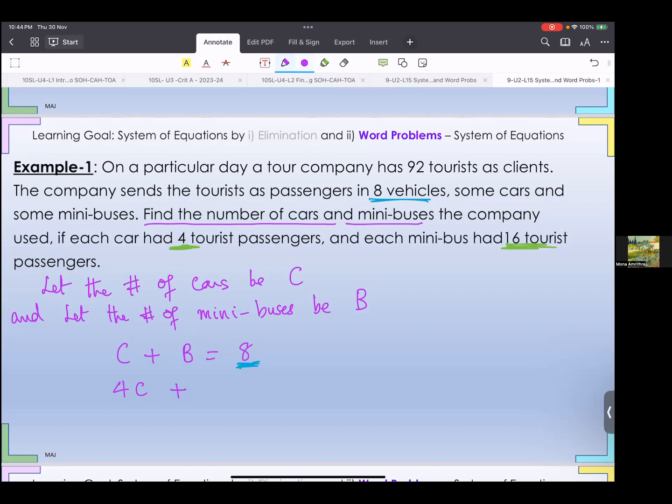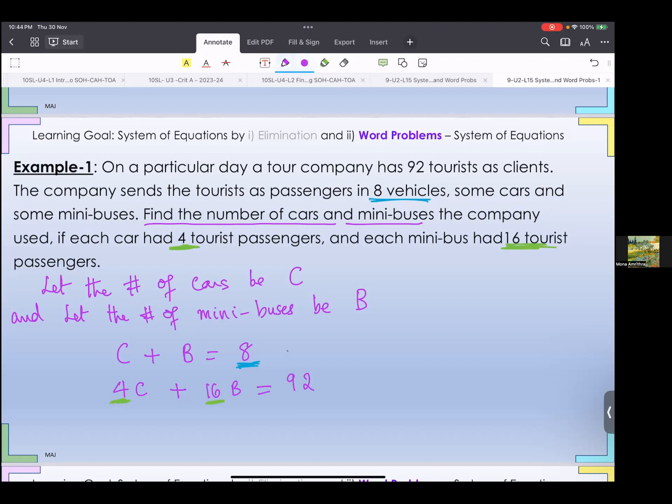Okay, so that is going to be 16b, and that gives us 92 passengers. Okay, so this 4 comes from the 4 tourist passengers in cars, and this from the bus, and then you multiply 16 times b and add it with 4c, you get 92, right?